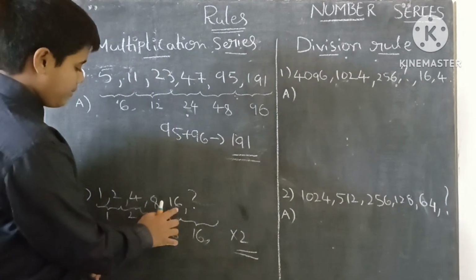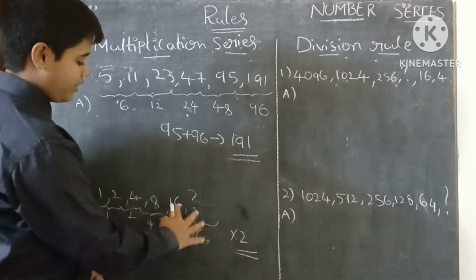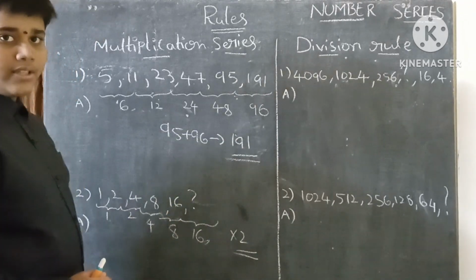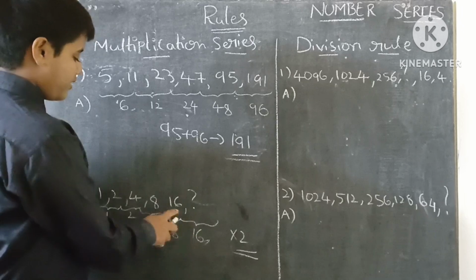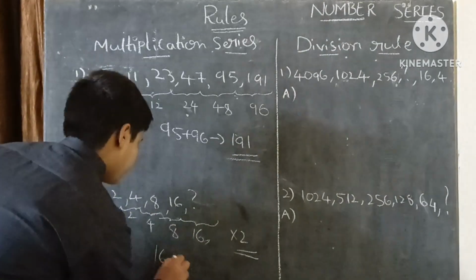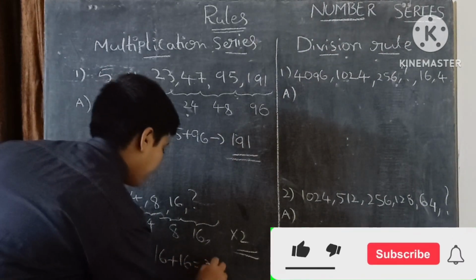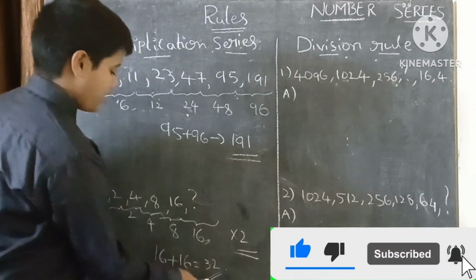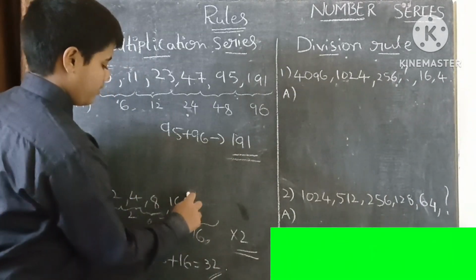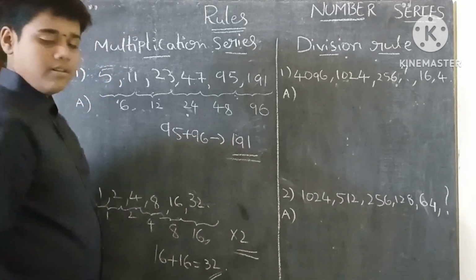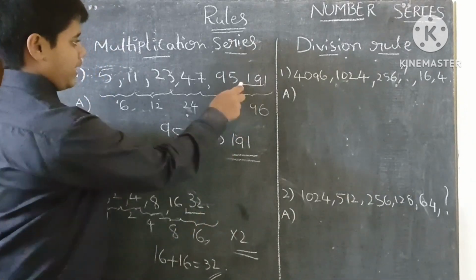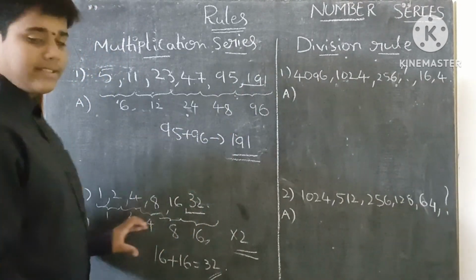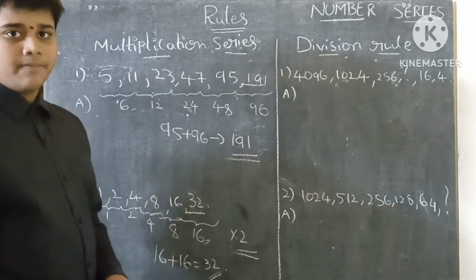So the difference between 16 and the unknown number is 16. If we add 16 plus 16, it becomes 32. So this is the next unknown number. Like this it follows a continuous pattern.